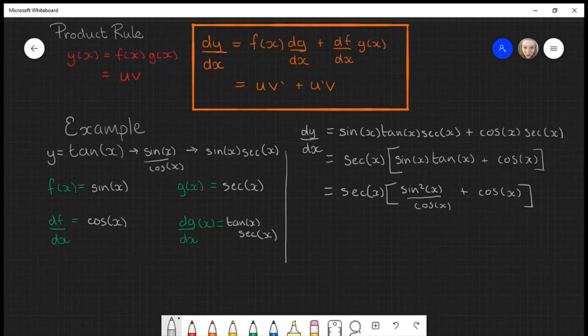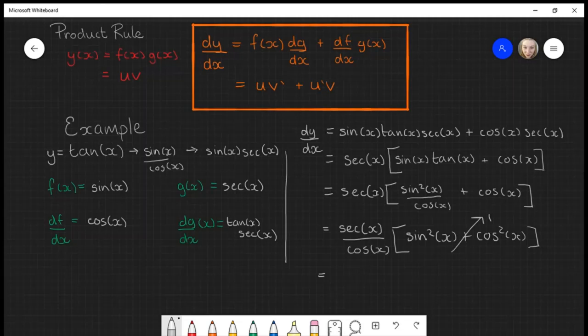I want to get rid of the bottom cos x here, so I'm going to take a factor of 1 over cos x out, and because I'm doing that, I need to times the second term by cos x, so when you then multiply back in the 1 over cos x, you'll end up with just cos x. So this will become sec x over cos x, which we'll simplify in a minute. Therefore, we'll be left with sine squared x plus cos squared x, which, as we know, goes to 1.